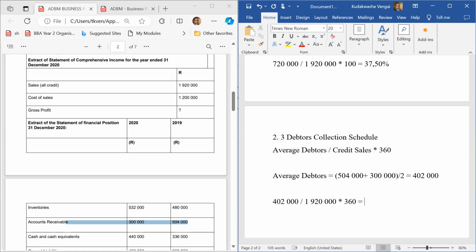And then we get our answer there. It's divided by, not plus, and that gives us 75.